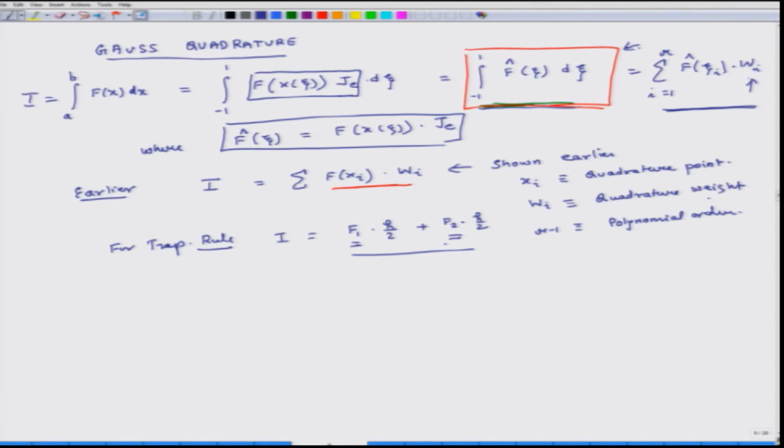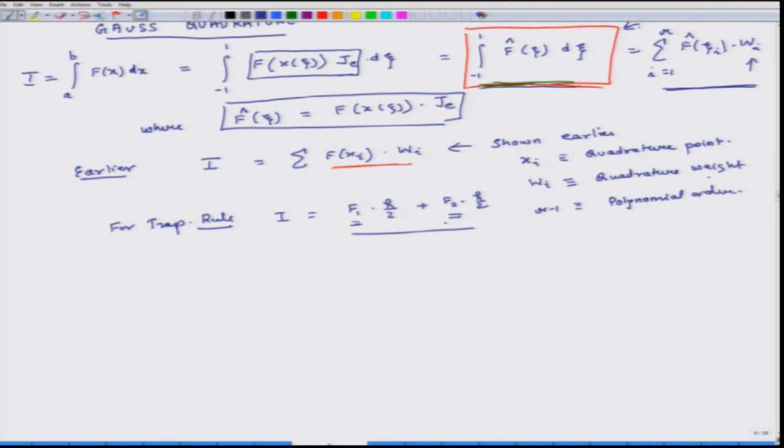So, if we know these Gaussian quadrature weights and the location of these points, see, in the case of the trapezoidal rule, the points were the first point and the last point, that is where we had to calculate. In Simpson's rule, the 3 points were the first point, mid point and last point.